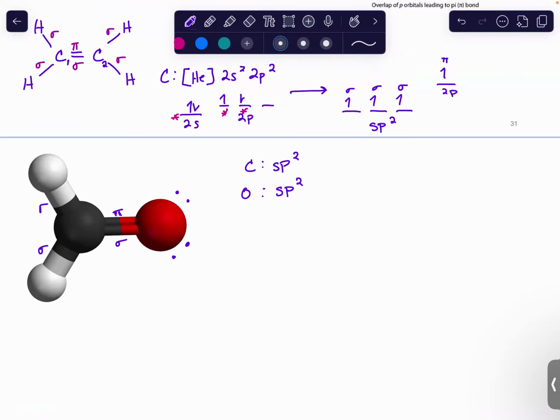So our carbon, of course, we know we're going to get the sp2 and the 2p. We did that above. And so it needs 3 sigma bonds and a pi bond with 4 valence electrons. So sigma, sigma, sigma, and pi. Okay. Oxygen. Six valence electrons.